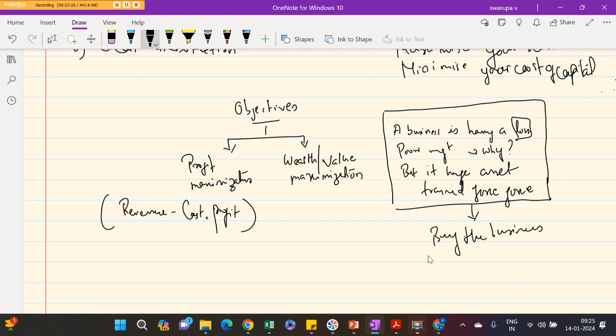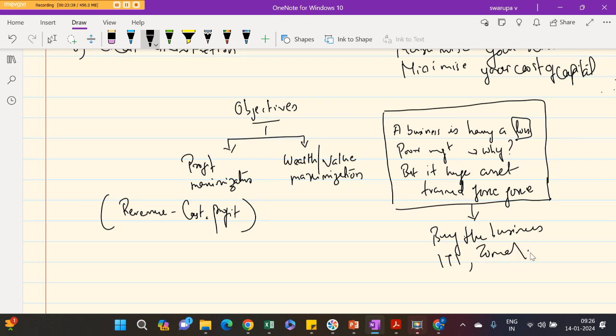For example, you can see there are many companies whose shares are still running at a good value even though their financials are showing a loss. For example, we have ITI, which is running in loss, but it is having a good share value.